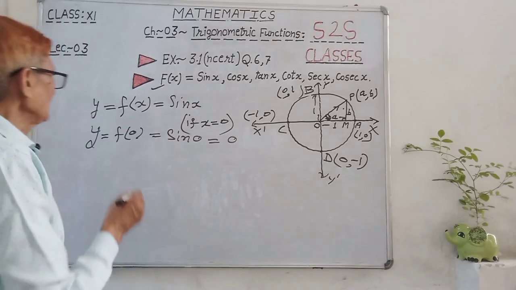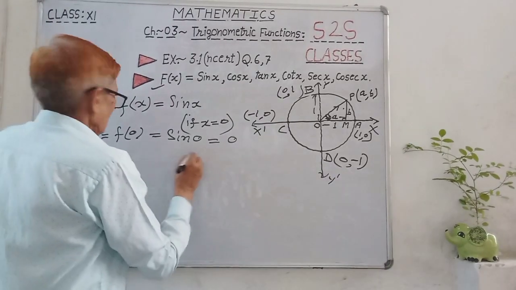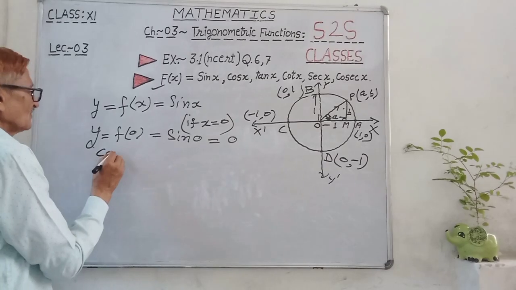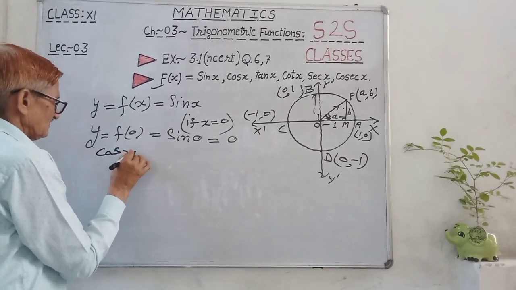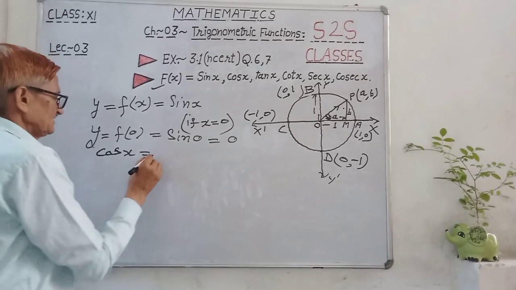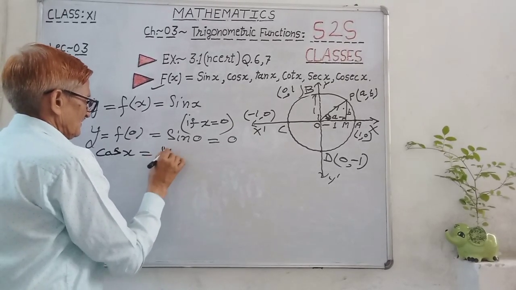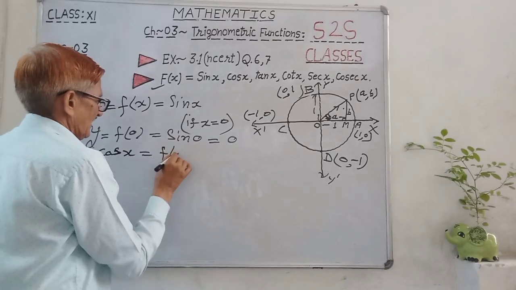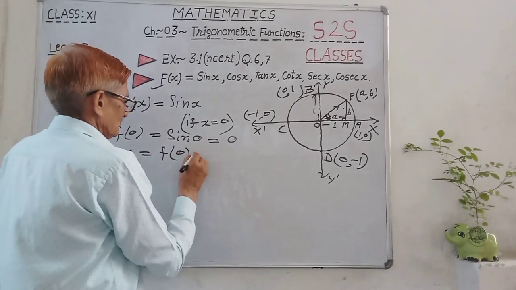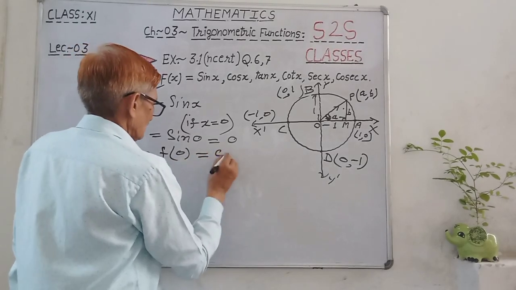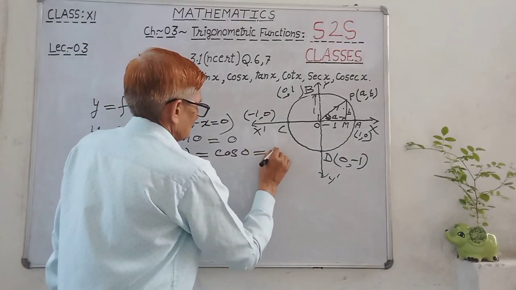So if you are finding cos x, if angle 0 is put at this point A, f of 0 is equal to cos 0, and cos 0 कितना होता है? 1.